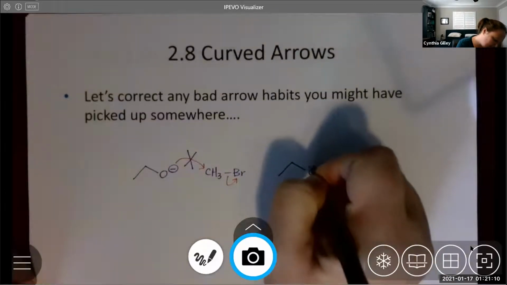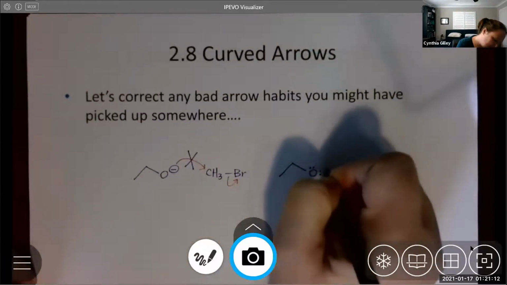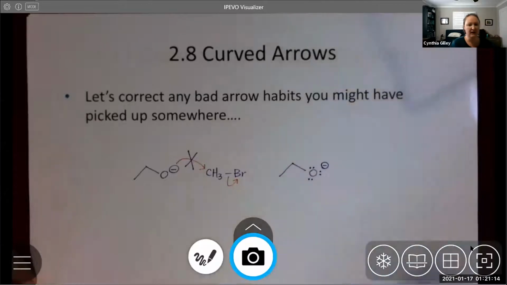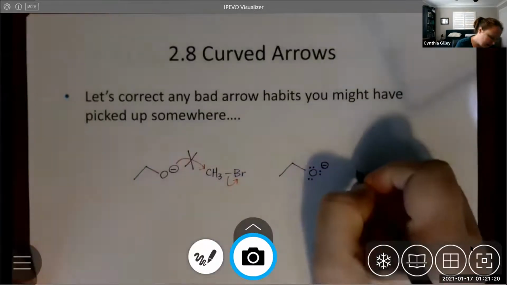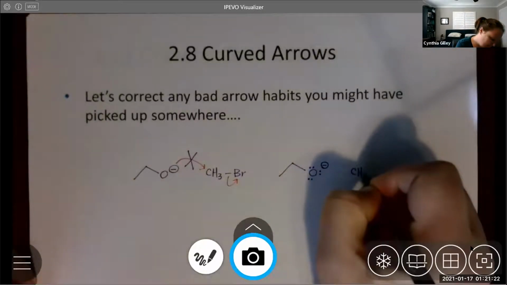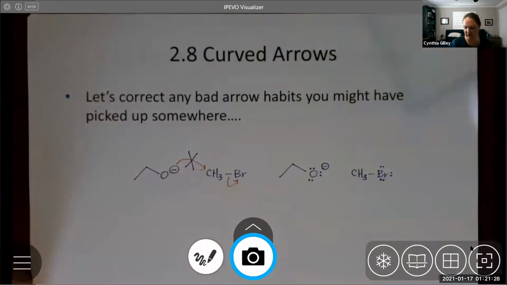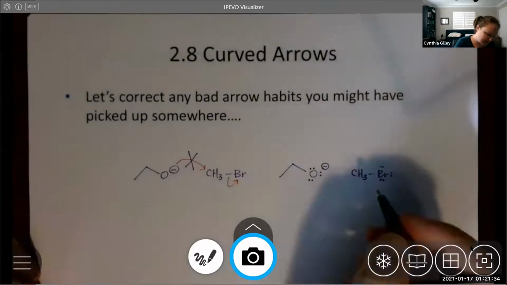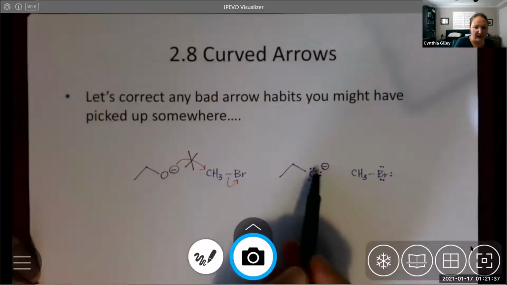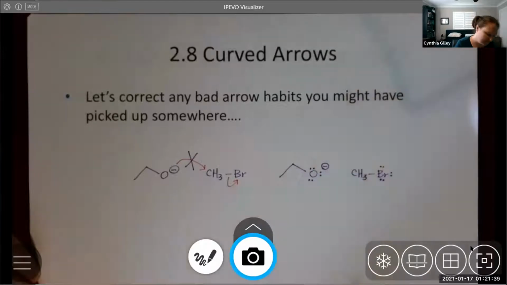So for example, it would be much more clear if you drew in all of the lone pairs or non-bonding pairs of electrons and started your arrow in non-bonded pairs of electrons on heteroatoms. It really makes it much more clear what's happening in the reaction.